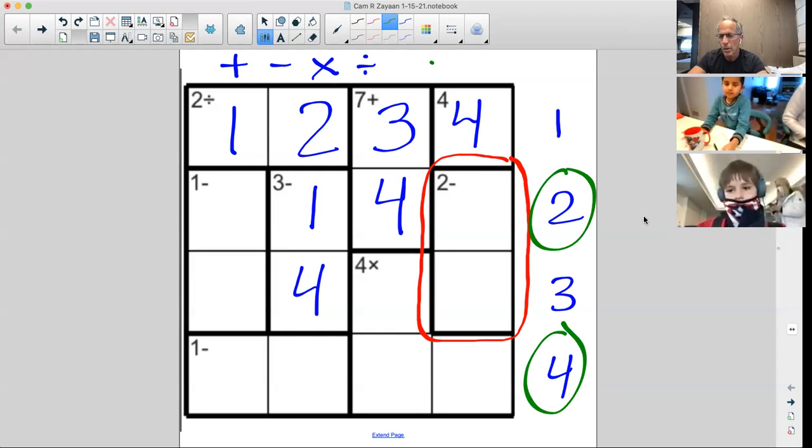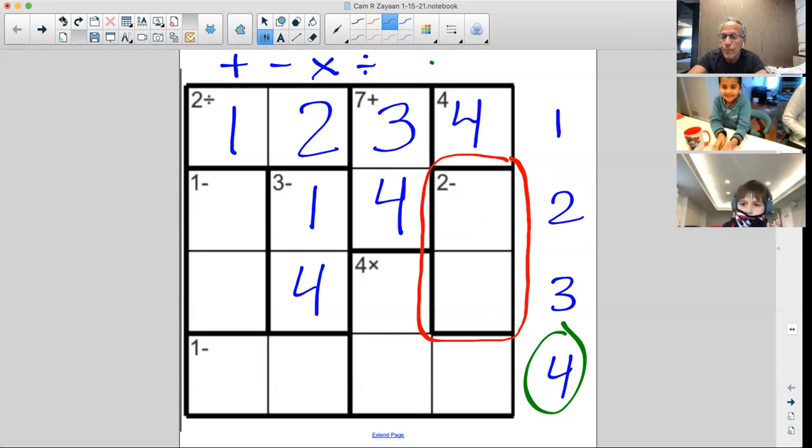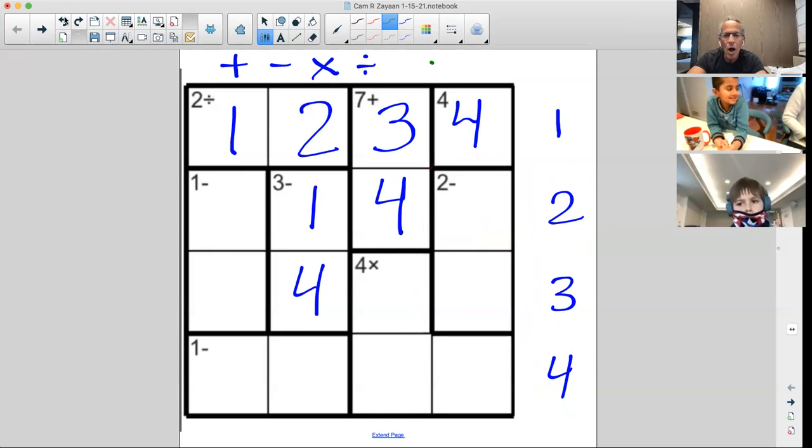No, because you couldn't have a 4 and a 2, and you couldn't have a 2 and a 4. So instead of choosing 2 and 4, what are the other 2 numbers that have a difference of 2? Come on, Cam, you thinking about it? 3 minus 1. Yes, awesome.